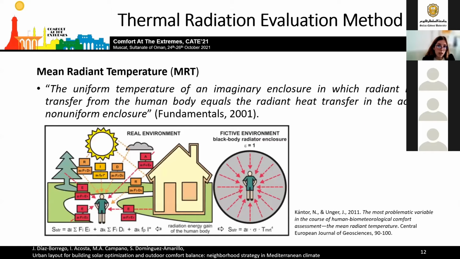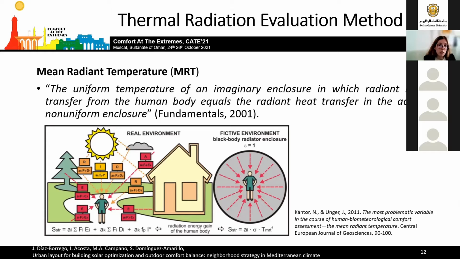Once the modified urban weather file is obtained, the real urban thermal radiation is analyzed by evaluating the mean radiant temperature, MRT, in the outdoor environment in July, the warmest month of the year. MRT is defined as the uniform temperature of an imaginary enclosure in which radiant heat transfer from the human body equals the radiant heat transfer in the actual non-uniform enclosure.